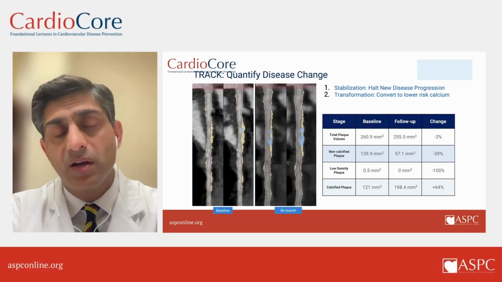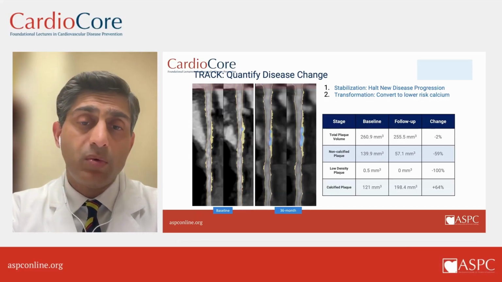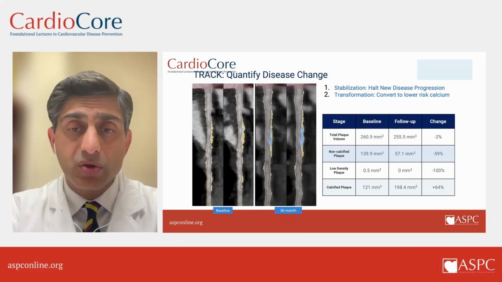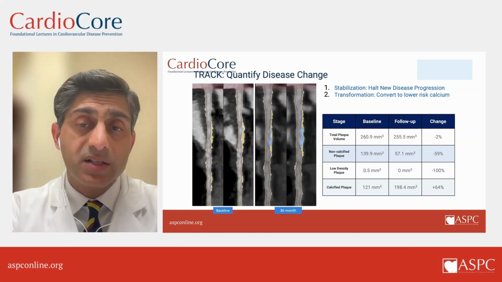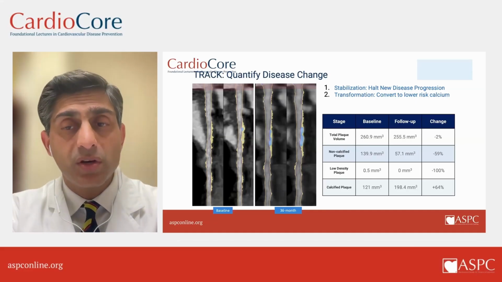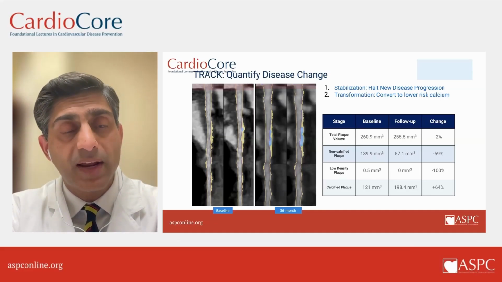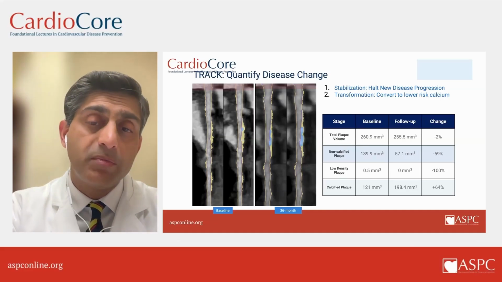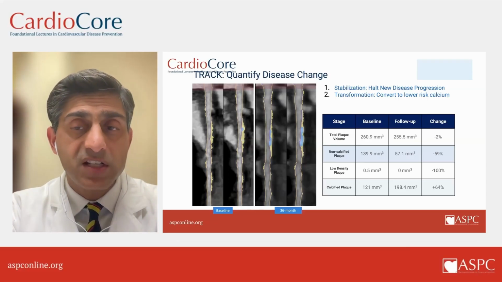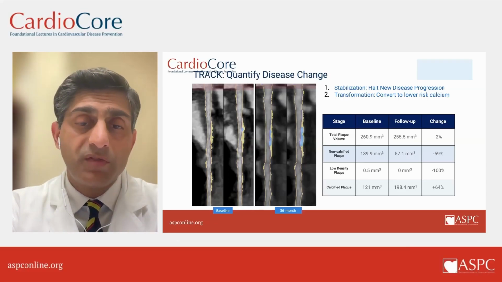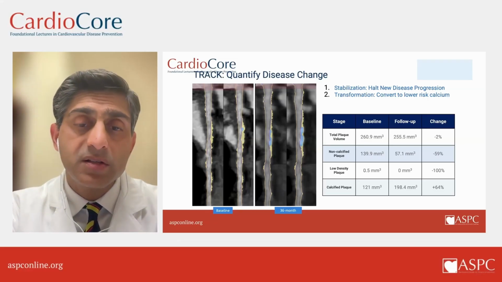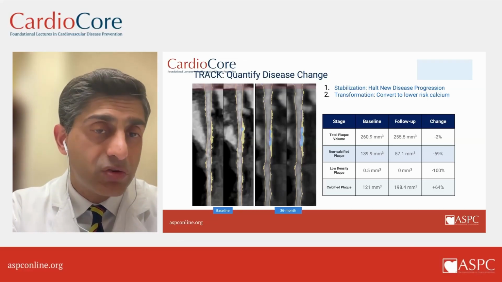And this is just a very nice example of someone whose total plaque volume at baseline was 260. After therapy, it slightly regressed. What's very important is that if you look at the non-calcified plaque, i.e. the soft plaque, the vulnerable plaque, it went from 140 to 57, a 60% odd reduction. The low density plaque went from 0.5 to 0 millimeters, and calcified plaque increased.